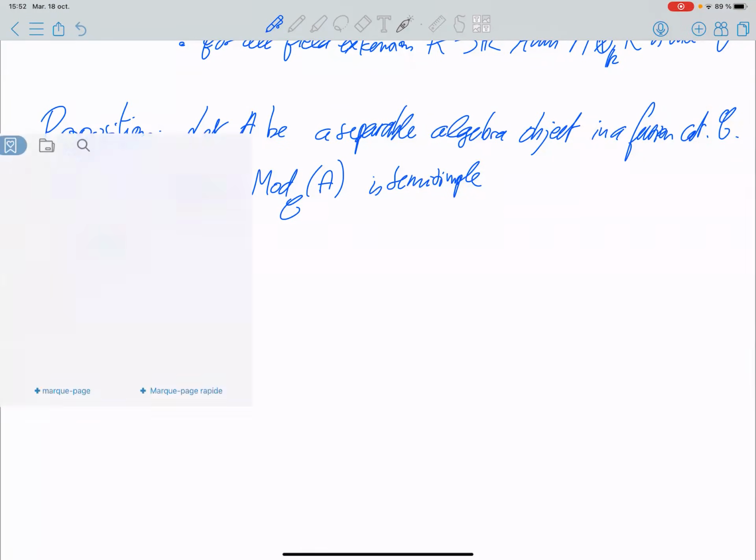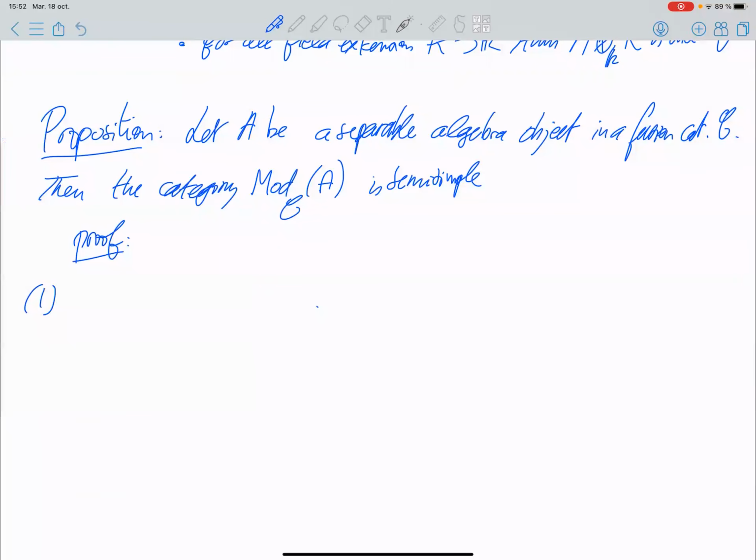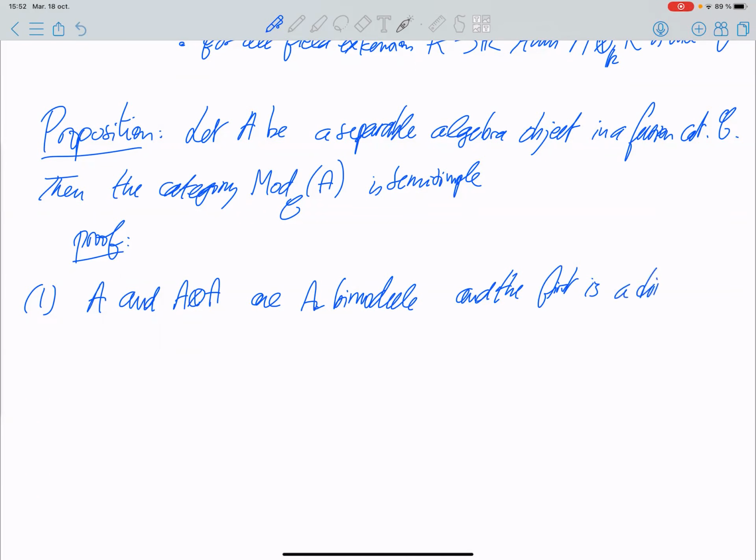So A and A tensor A are A-A bimodules. And the first is a direct summand of the second as A-A bimodule.